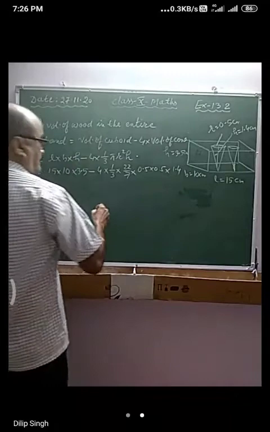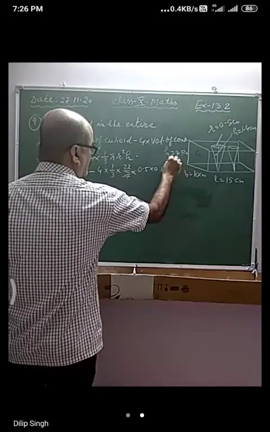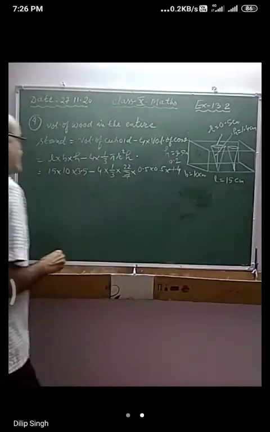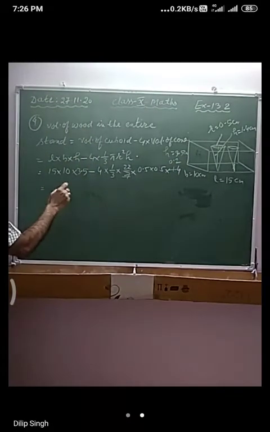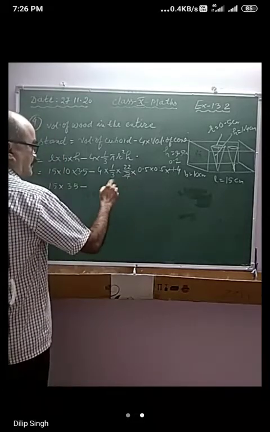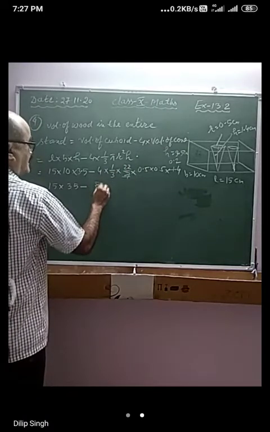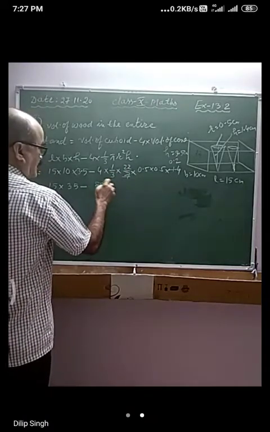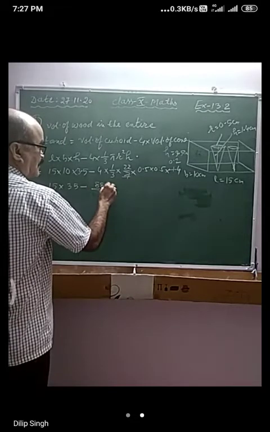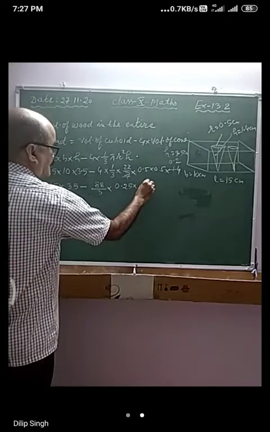So 7 2s are 14, 0.2, and this will be equal to 15 into 3.5 into 10 is 35, minus 22 into 4 is 88 by 3 into 0.25 into 0.2.